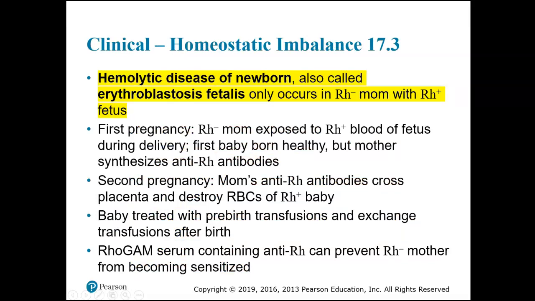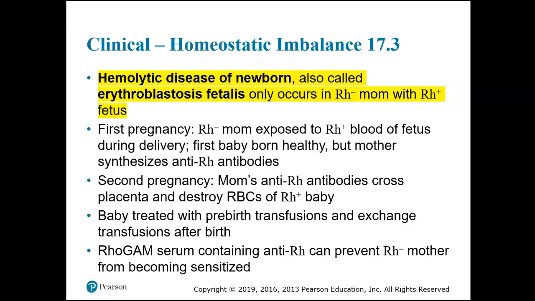Sometimes a newborn child can get, and this is not common because we test for it and treat for it, HDN or hemolytic disease of the newborn, also known as erythroblastosis fetalis.